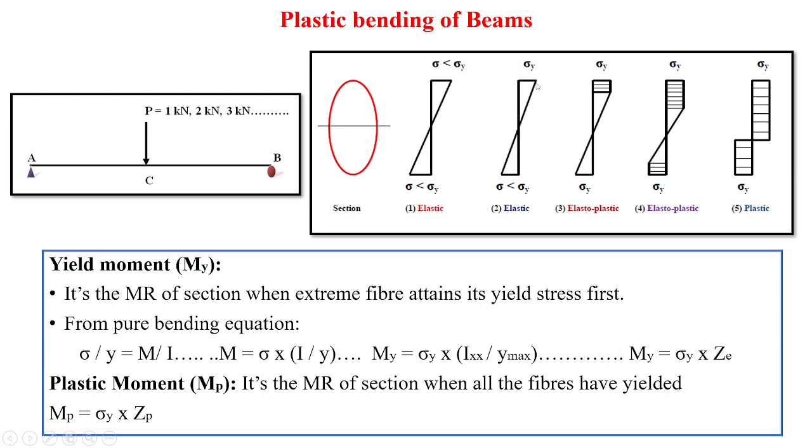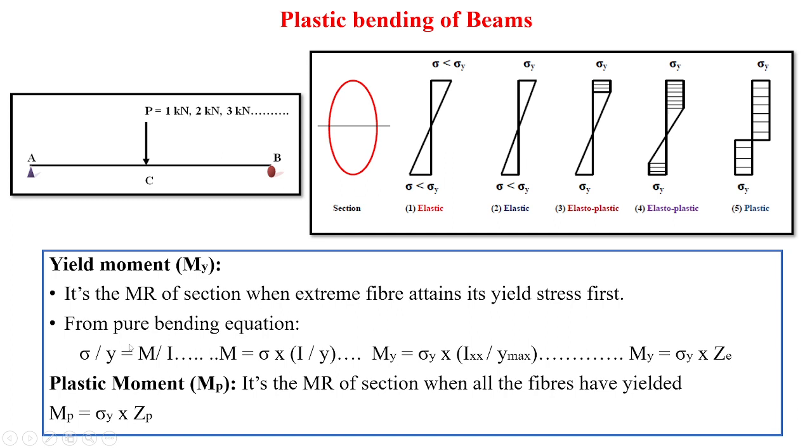It can also appear in the bottommost fiber, but randomly I have chosen the topmost fiber. Now what is yield moment My? It is the moment of resistance of the section when the extreme fiber attains its yield stress first. That means whenever the extreme fiber has attained the yield stress first, the corresponding moment of resistance of that section is called the yield moment.